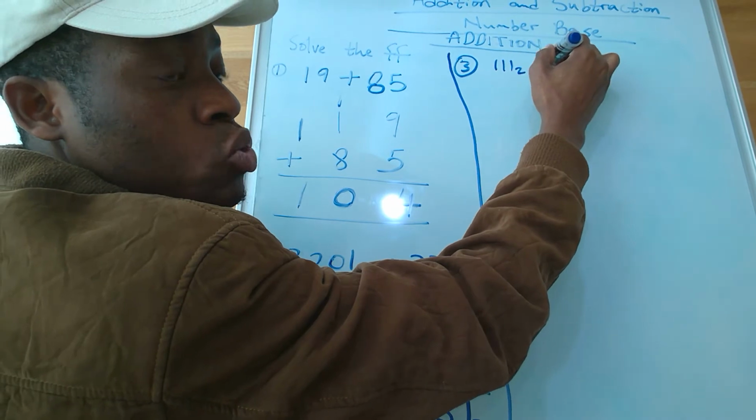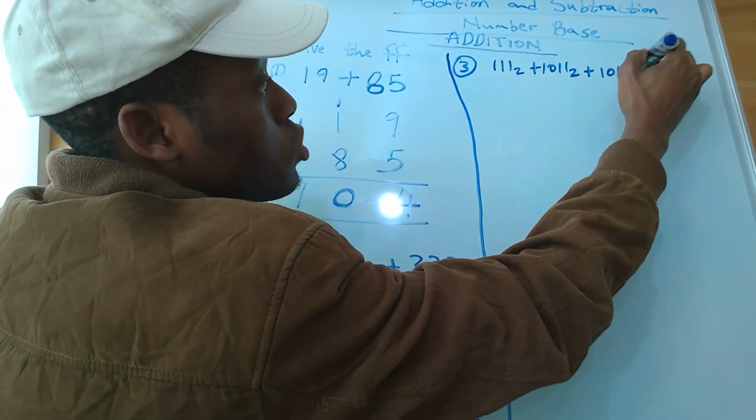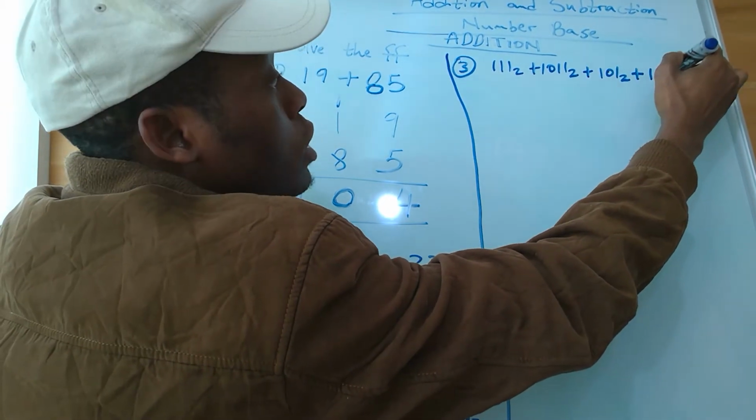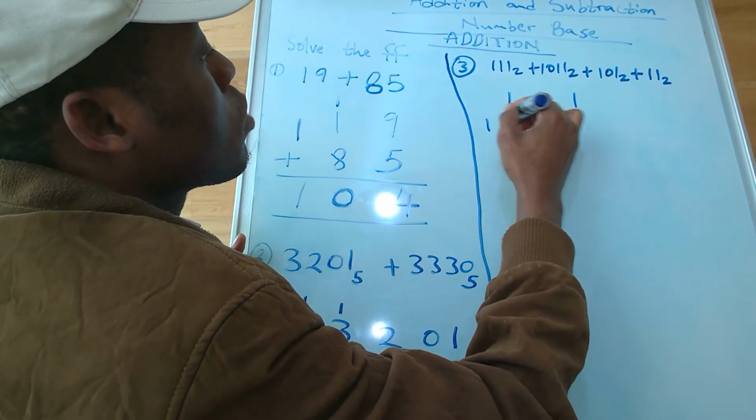The next one is 111 base 2 plus 1011 base 2 plus 101 base 2 plus 11 base 2.